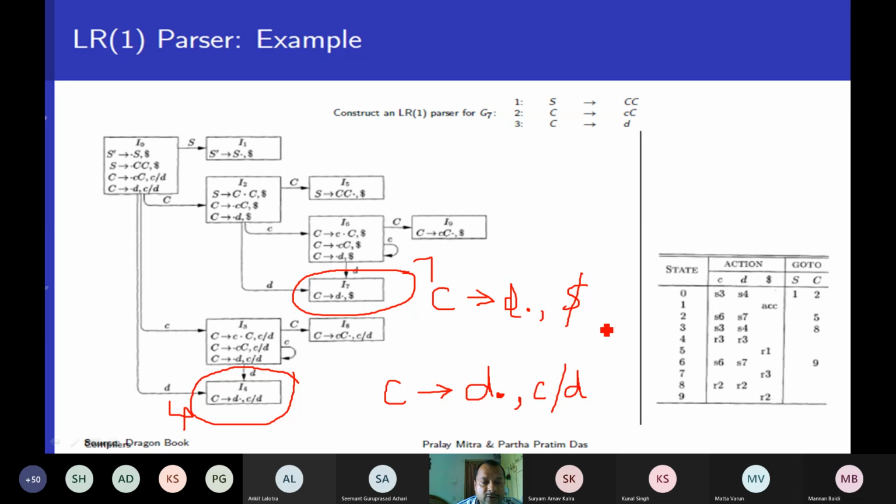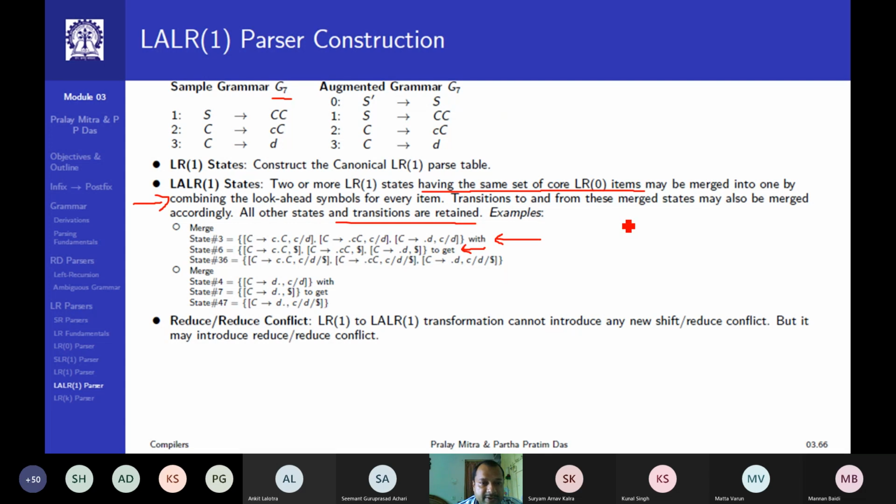Now LALR1 construction suggests you combine 4 and 7, and since the core part C derives D dot is the same, you have one item like C derives D dot, comma, C or D or dollar. Okay. Now coming back here, this is what is done in the second part, the merging.